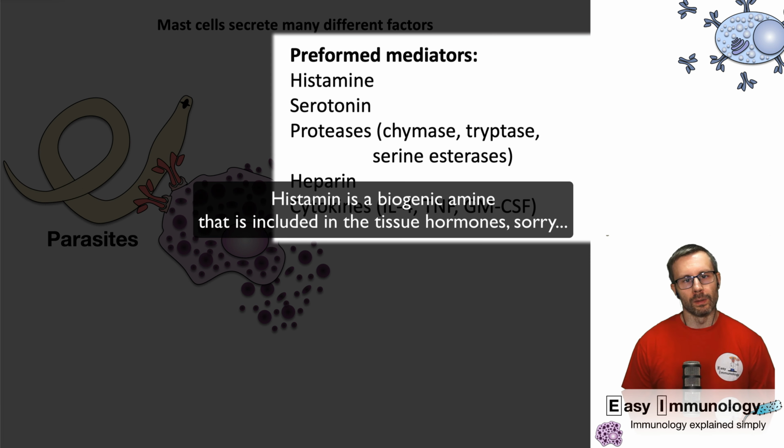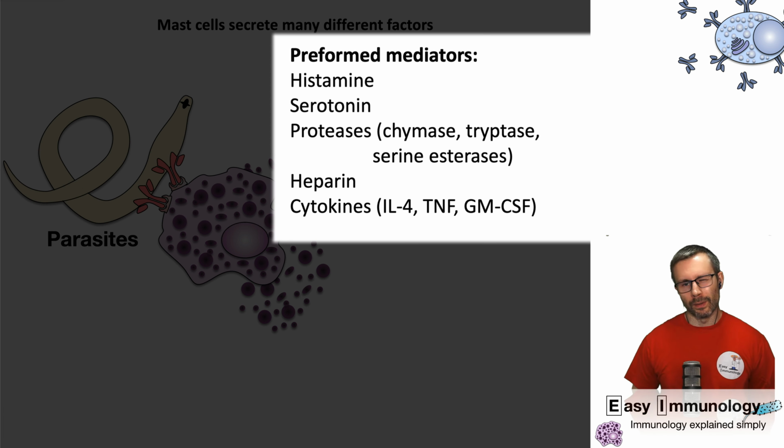Serotonin is also a molecule that regulates functions in your body, so more immune responses will be going on. Then you have proteases that degrade, for example, proteins from these parasites, but they also degrade, for example, toxins from spiders, from snakes, or from scorpions.